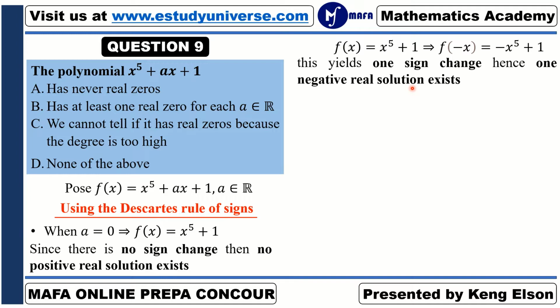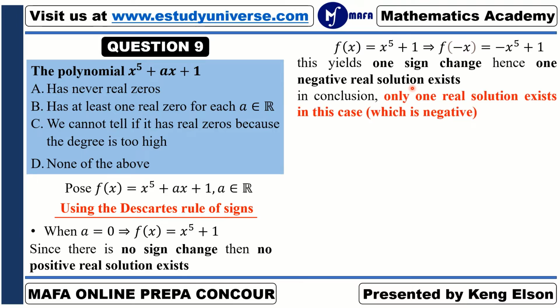Adding them together, we have in total one real solution, and it is negative. So for a equal to 0, there is only one real solution. Clearly that negative solution is negative 1, because f of negative 1 is 0. So we have one real solution, which is indeed negative, consistent with the conclusion from Descartes' rule of signs.